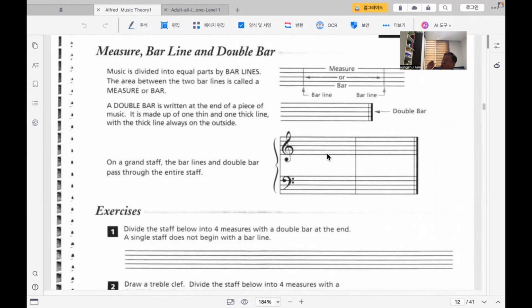You already know all the music note names. And its time value. You know the concept of the bar line. You know what? Your brain cells are deep inside here.